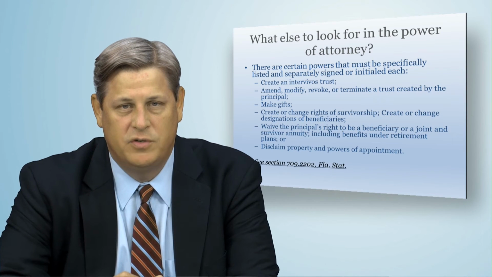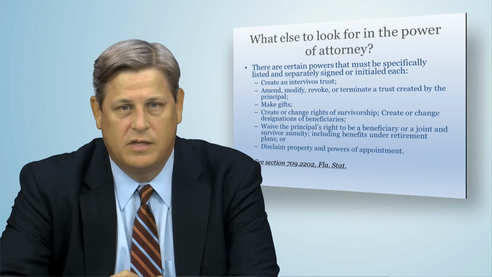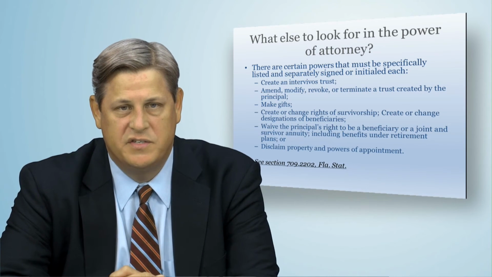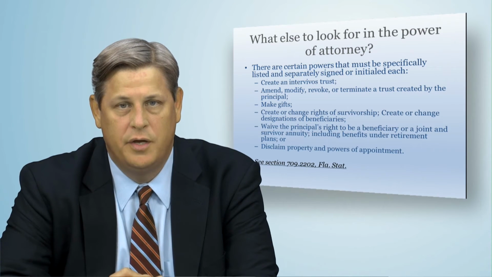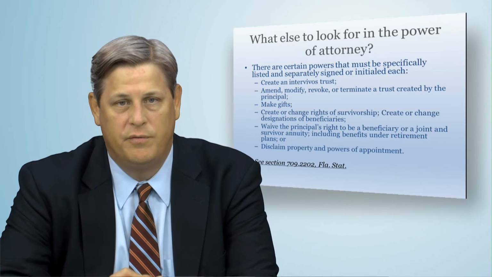It does not allow the person to make gifts on behalf of the principal, or create or change rights of survivorship, create or change designations of beneficiaries, or waive the principal's right to be a beneficiary or a joint or survivor annuity, including benefits under retirement plans, nor does it give the power to disclaim property and powers of appointment, unless each one of these is specifically designated in the power of attorney and signed or initialed by the principal beside each one of these enumerated provisions.